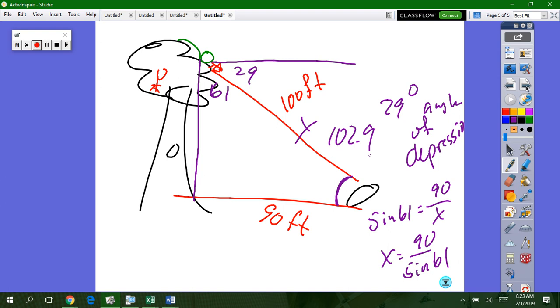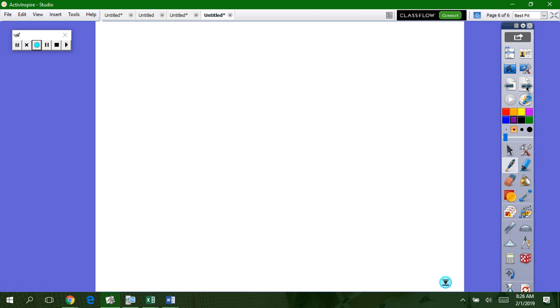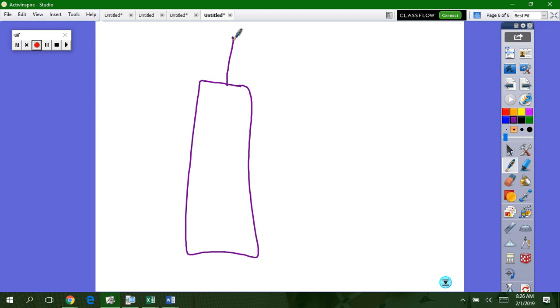Okay, I'm gonna put this up here, because I want you guys to think about it. Here's a building. Lovely building, huh? And then we have a radio antenna on it. I want to know the height of the radio antenna if I go from 30 feet away, my angle of elevation is, let's say, 67 degrees.